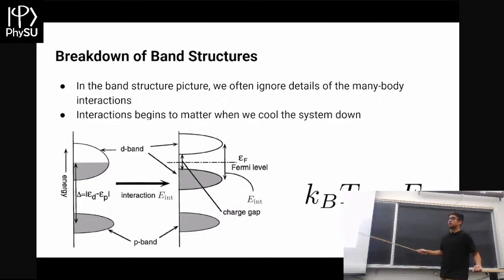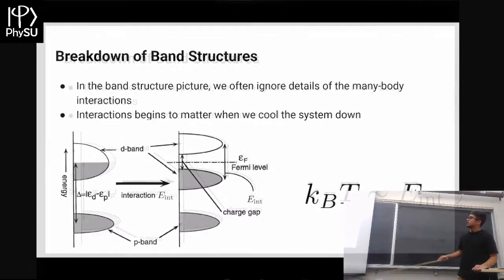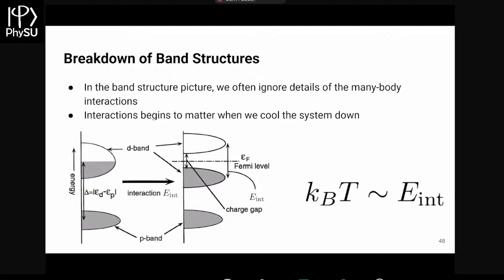So a little more quantitatively, that's when the thermal energy, k_B T, is about the interaction energy scale. And this is just a pictorial representation. So if we ignore all interactions, you get these two bands, you add some interaction, you'll get a splitting. So initially what was a conductor, because the Fermi energy is right here, you get an insulator.